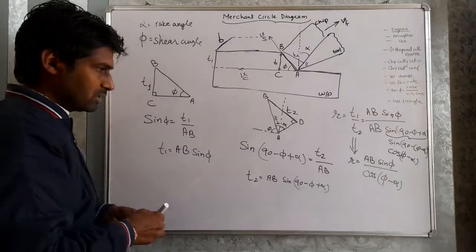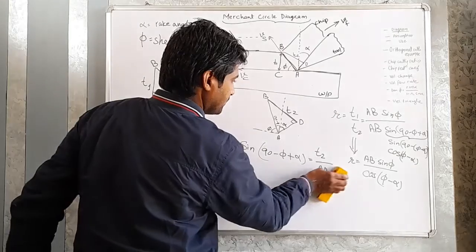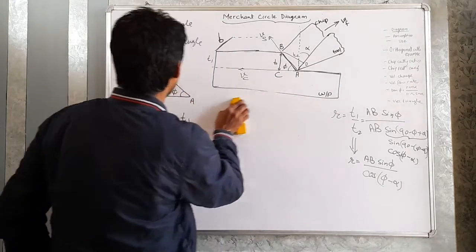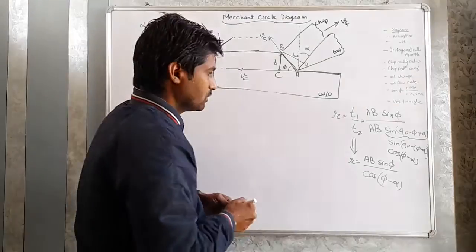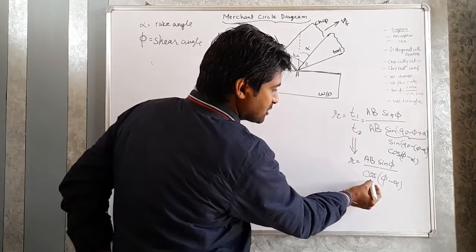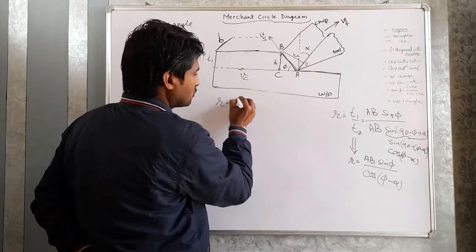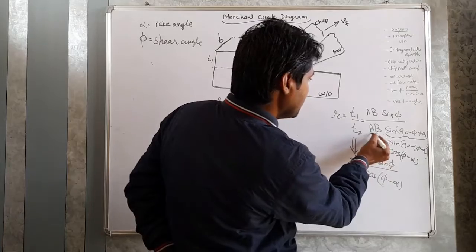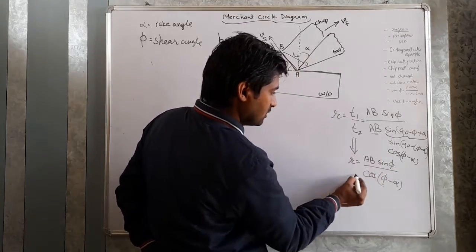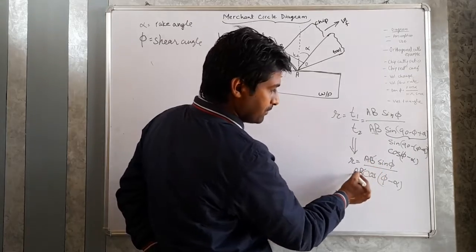Now we will solve this. So expand this cos(phi minus alpha). Here is AB, I forgot that AB, so AB will be cancelled by AB.